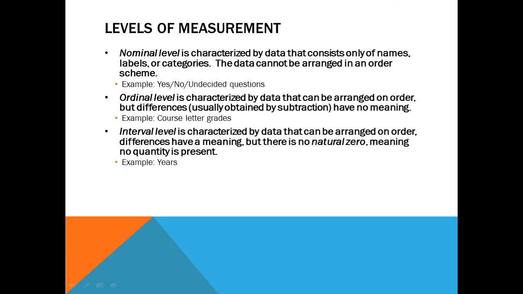The interval level is when you can arrange stuff in order and differences have a meaning, but there's no natural 0 point, or there's no way to ever express 0. For example, would be when we're talking about different years. If you were doing a study that did differences in the number of students that are taking AP courses from the year 1990 to the year 2013, there's a difference there of 23 years, and that has a meaning.